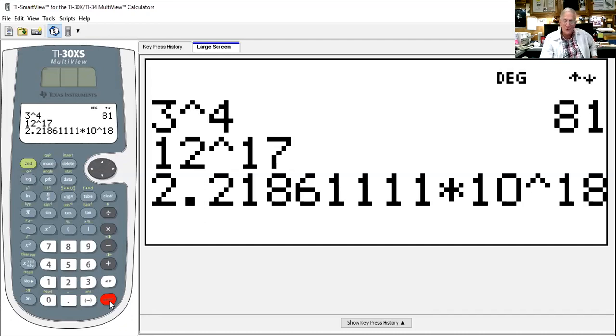So you would have to put 10 zeros after those 8 digits to give an approximation of the number. Now, some calculators don't print times 10 to the 18th. Some calculators print E18. If they print E18, it means 10 to the 18th power. Okay, any question on that?